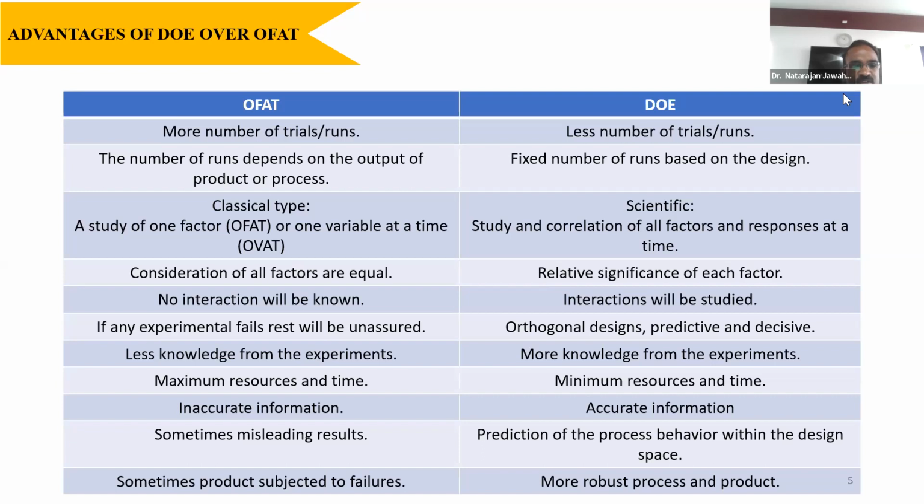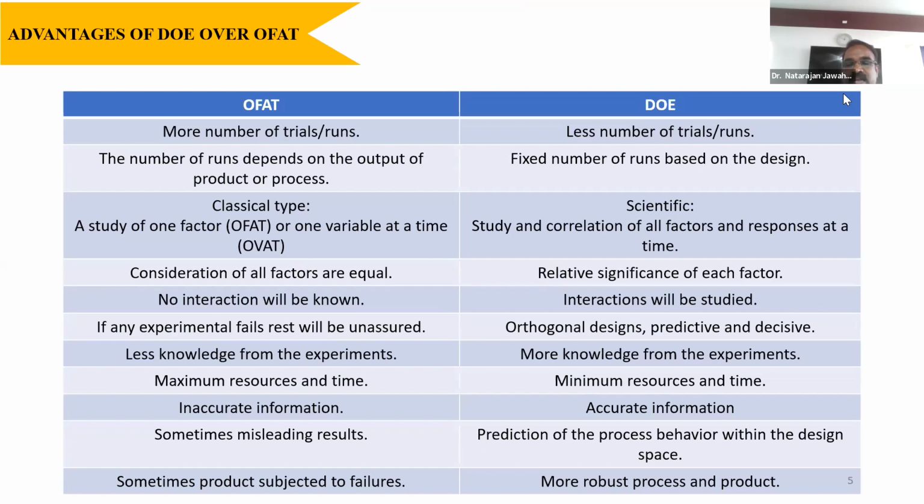So OFAT is a classical type of optimization technique, that means a study of one factor or one variable at a time, whereas DOE is a scientific or systematic approach. Here we can study and correlate all factors and responses at a time, even in a single experiment.